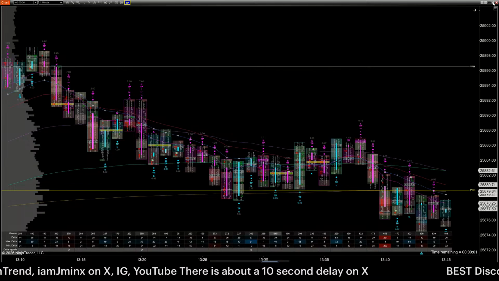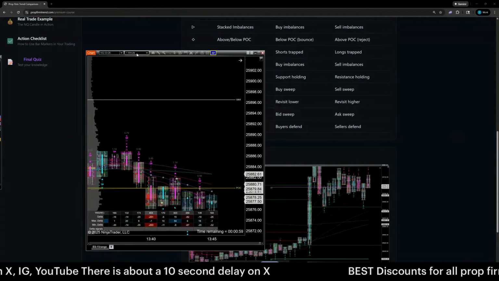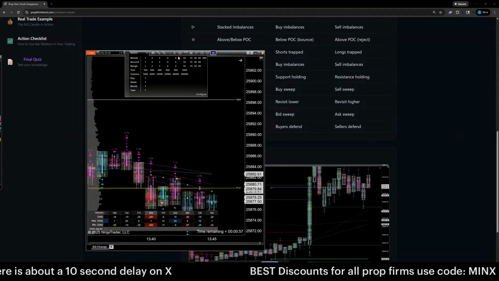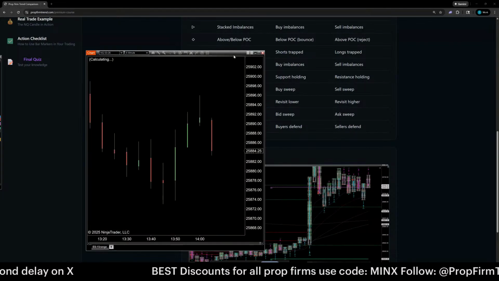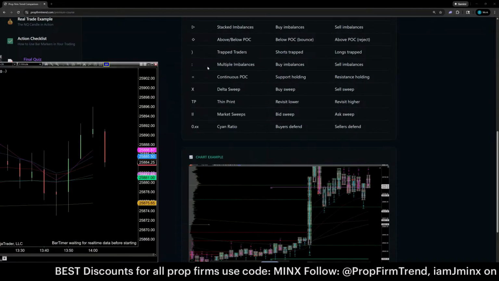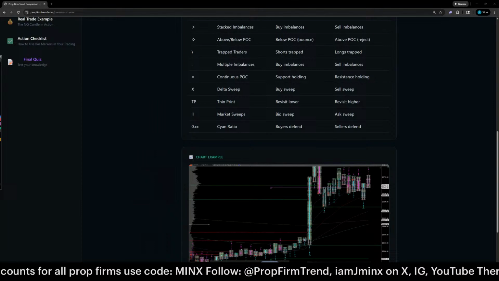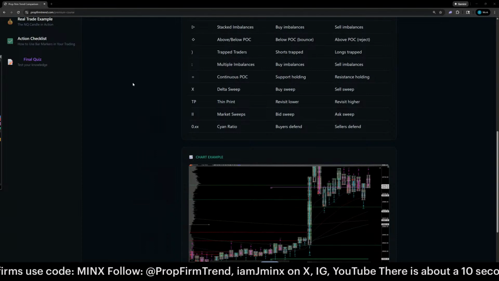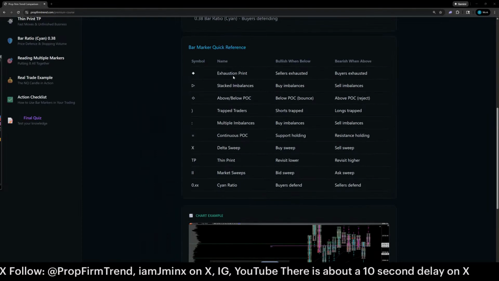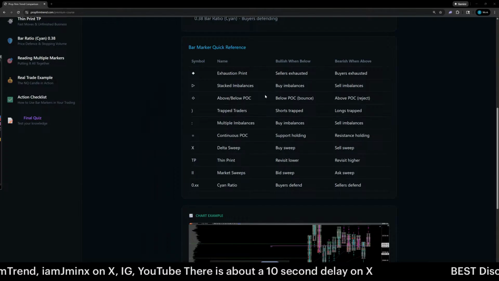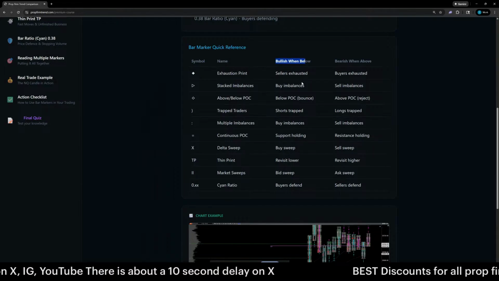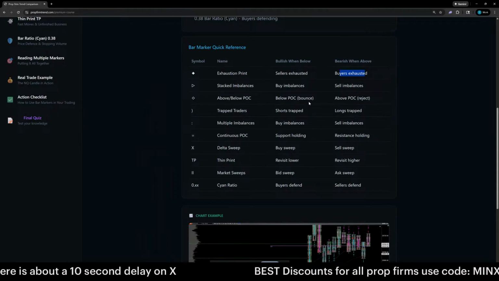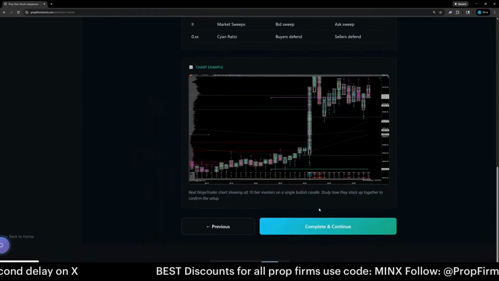So if you kind of see here, it's going to tell you what we've got. Sellers are exhausted, so it means it's bullish. If buyers are exhausted, it's going to be bearish, right?